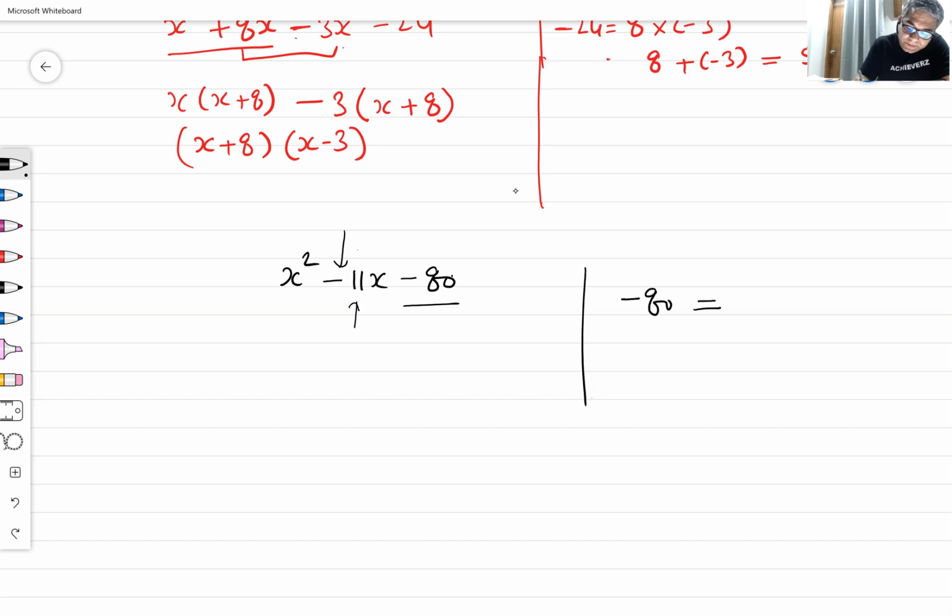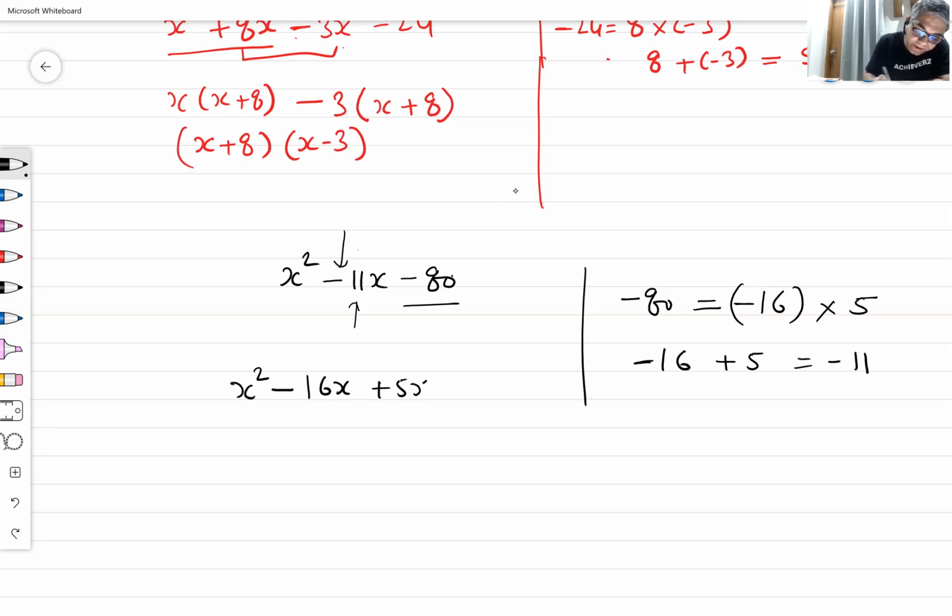So this gives me minus 16 into 5. 16 fives is 80. All right. And if I add minus 16 plus 5, I get minus 11. So my splitting will look like x square minus 16x plus 5x minus 80.